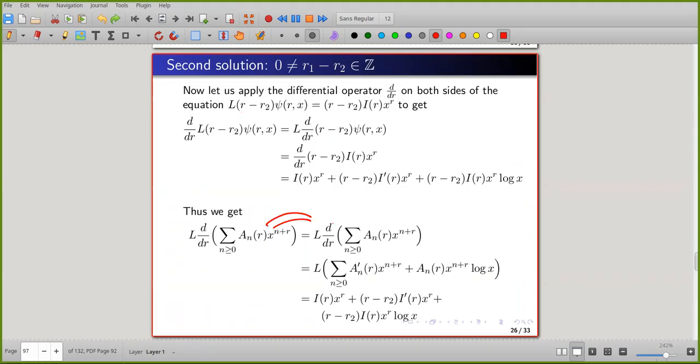Both these are equal. Sorry about that, I need not have written this. This thing I can cancel off. This is equal to L of, I just differentiate this and I get this.